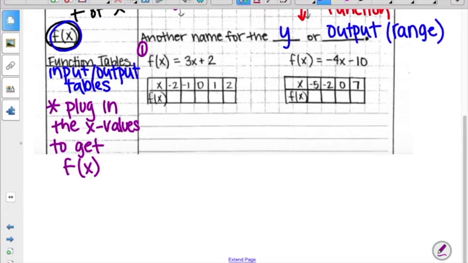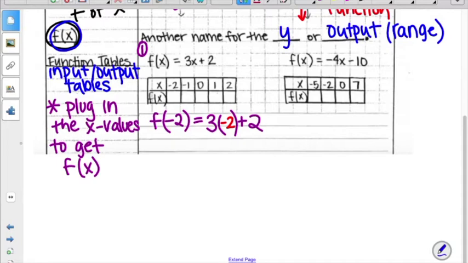So the first one we're going to do is when x equals -2. So we have f of -2 is equal to 3x, you're going to leave that in parentheses, plus 2. And we're going to plug in -2. And now we're going to solve. We follow the order of operations where we multiply before we add.